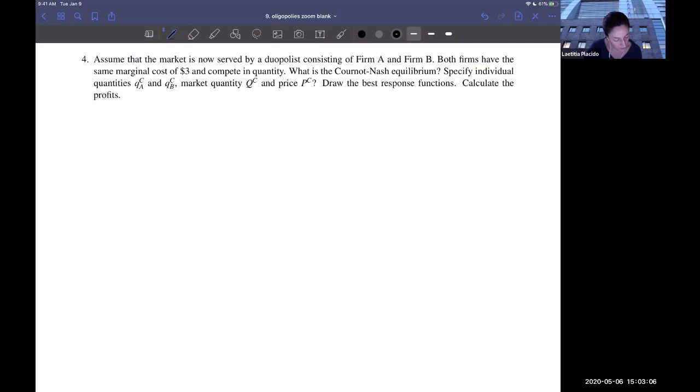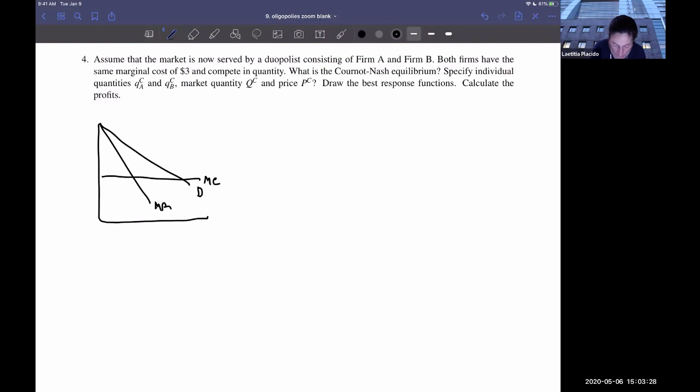So what is the decision process for a firm belonging to a duopoly? If you think about monopolies, you have the demand curve, the marginal revenue curve, and the marginal cost curve like this.